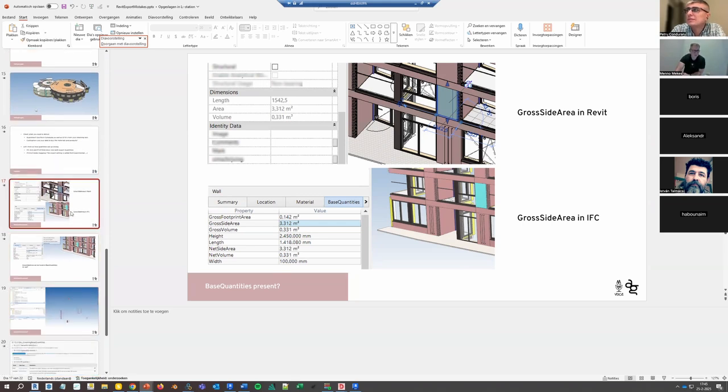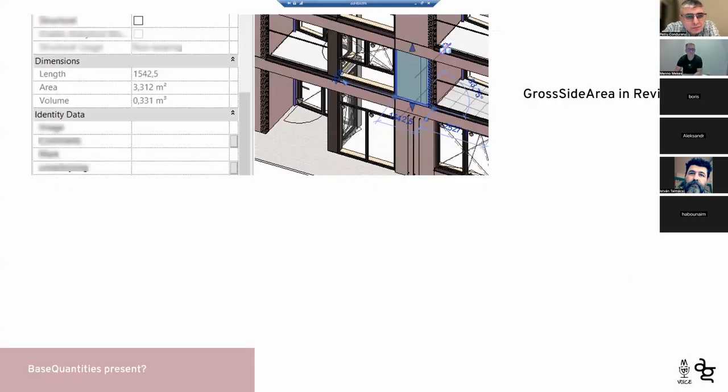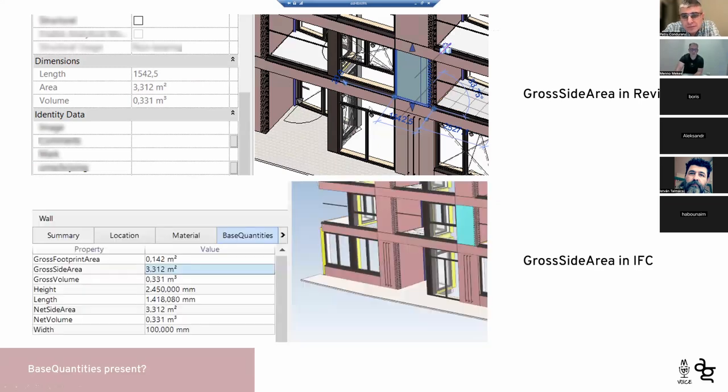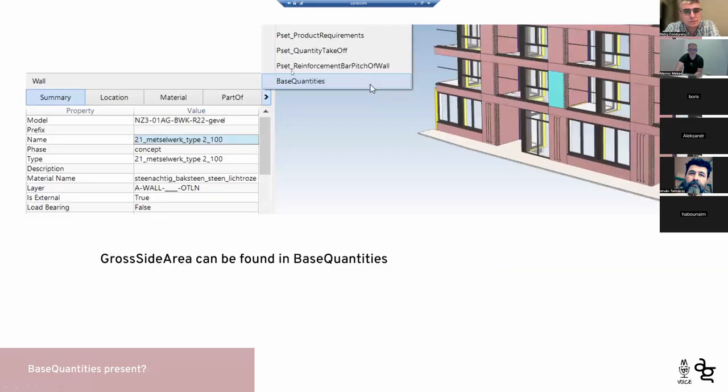Let's see. For example, this is a slide that I did. This is an older slide on a project that we had to do with 2x3. What you can see is that we have the gross side areas of this little wall, and it exports to the base quantities, because that's 2x3, into the correct gross side area, which can be found here.